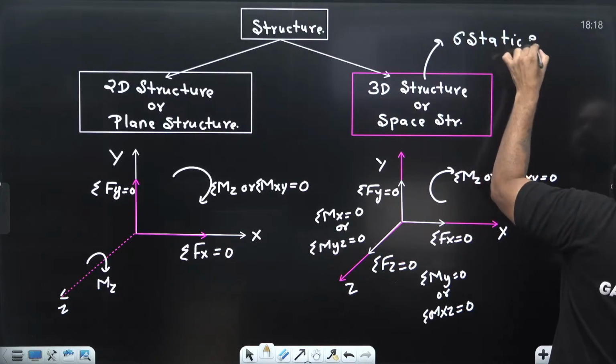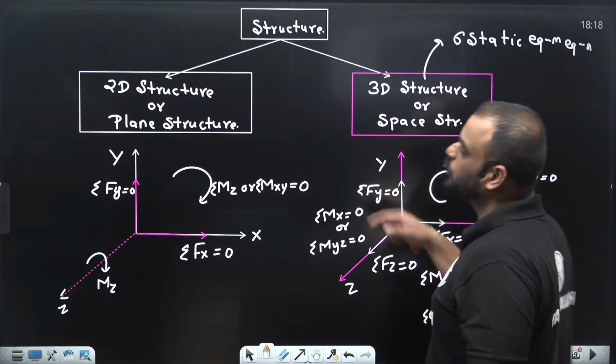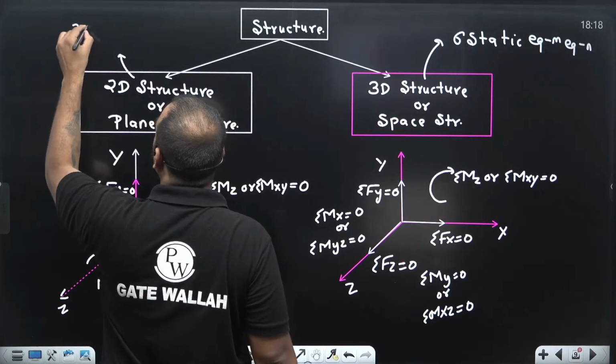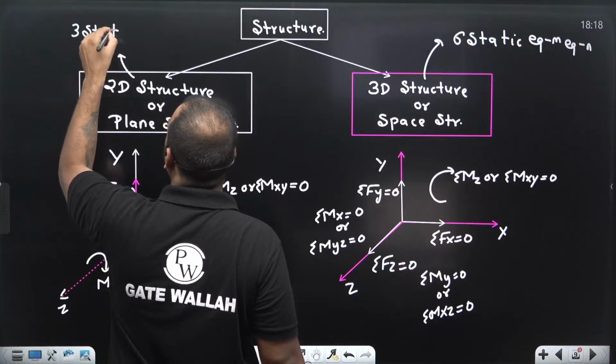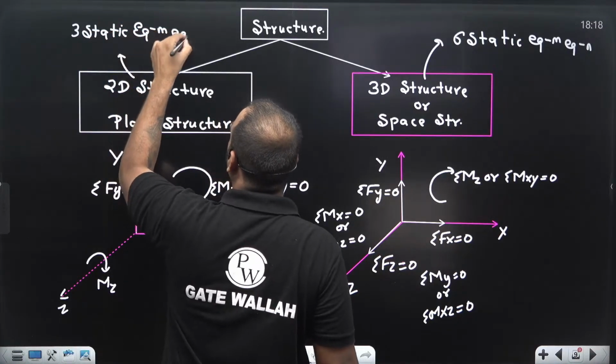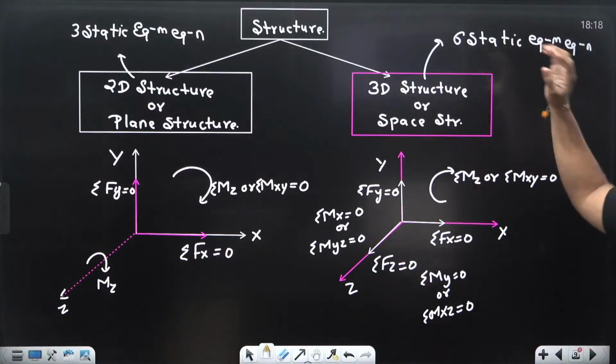But in case of a 2D structure or plane structure, we have only 3 static equilibrium equations, out of which 2 are linear, 1 is angular. In this case, 3 linear, 3 angular.